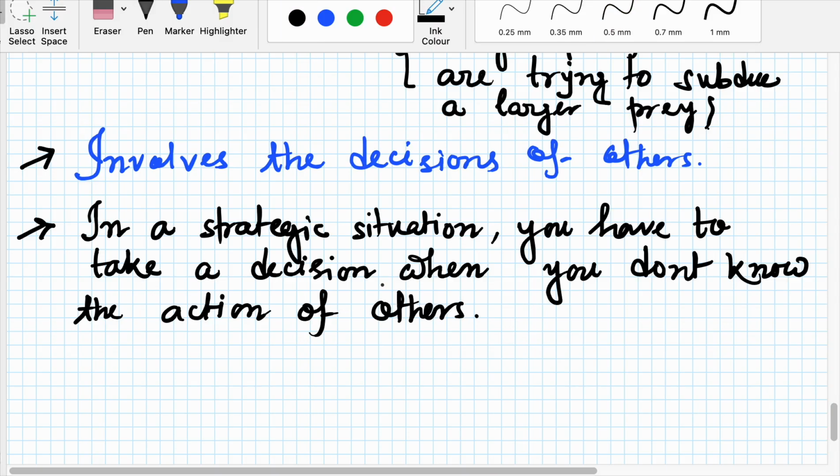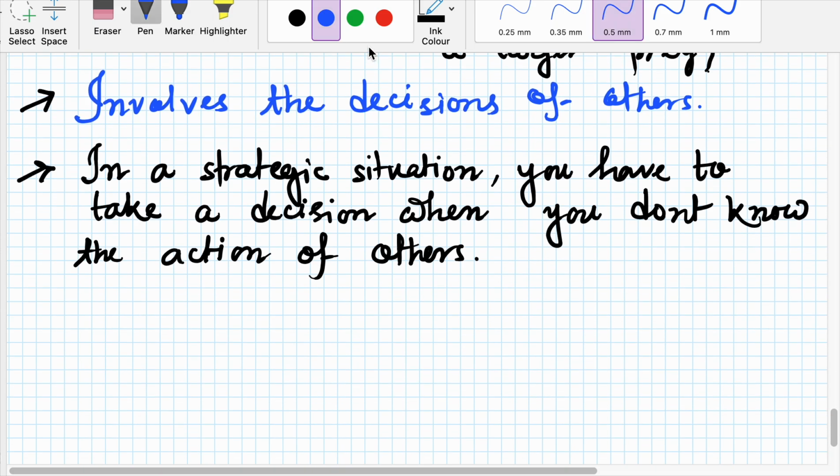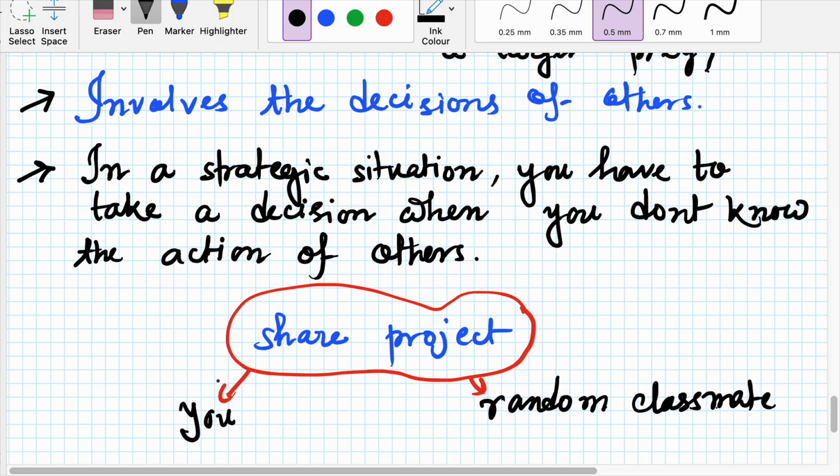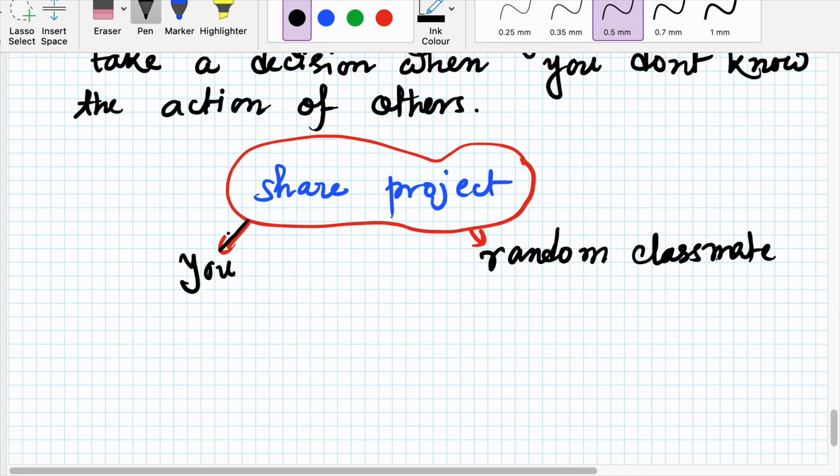A classical example of this situation is, suppose in your college your teacher gave you a shared project. Maybe you are new to the class, so you don't know any other individual in the class, and you and a random classmate are jointly assigned to this shared project.